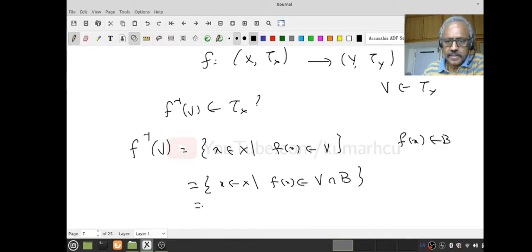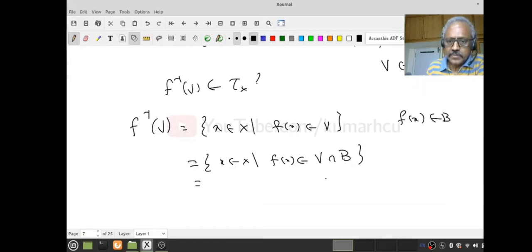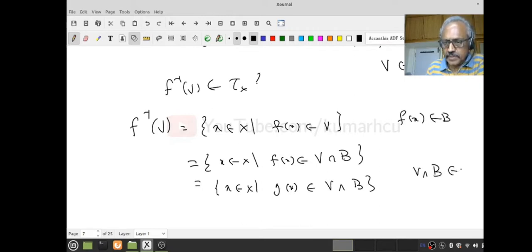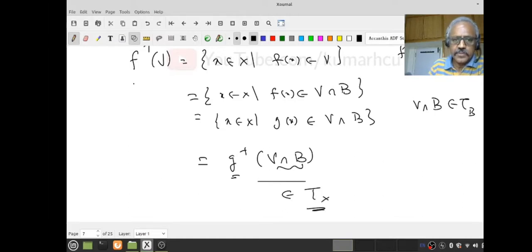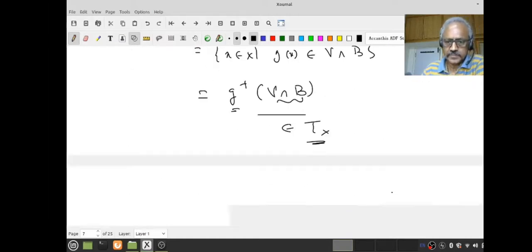Notice that for each x in capital X, this is the same as g(x) belonging to V intersection B. Now V intersection B is open in B. Therefore this is g inverse of V intersection B, and this is open in X because g is continuous, therefore f inverse of V is open in X.